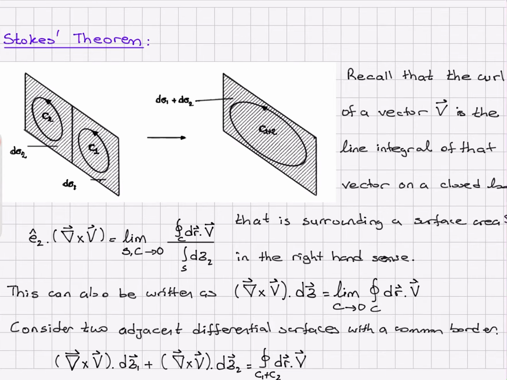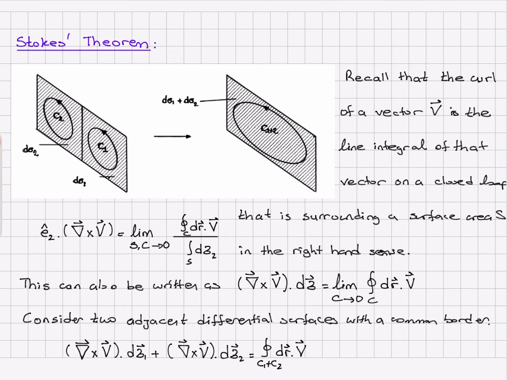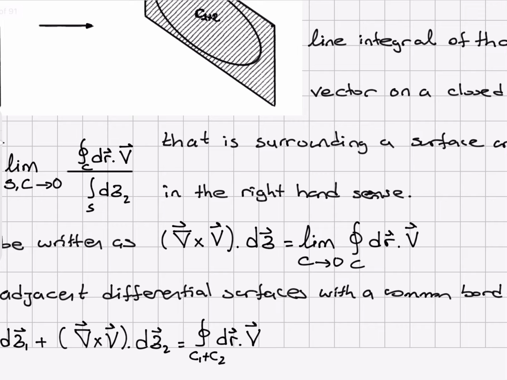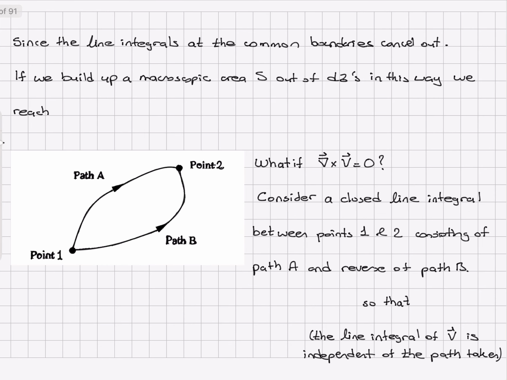Well, if you consider the closed path integral C1 here, we're going from top to bottom, but for this one we're going from bottom to top along C2. So these two contributions along the boundaries will cancel out. They're exactly the same, but in opposite directions. So we find that the line integrals at the common boundaries will cancel out.